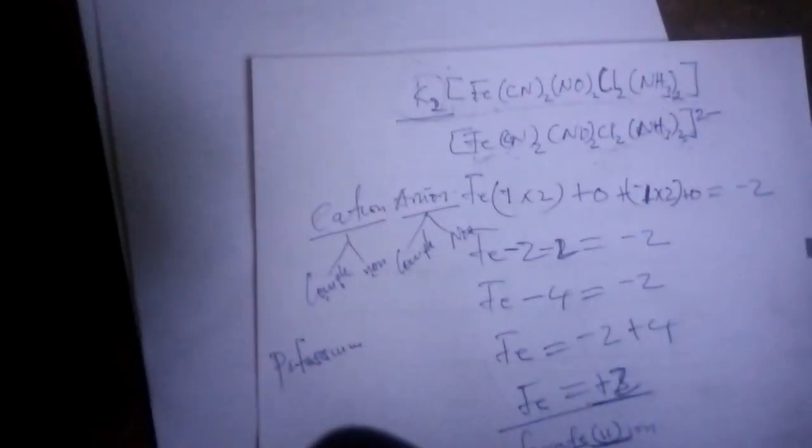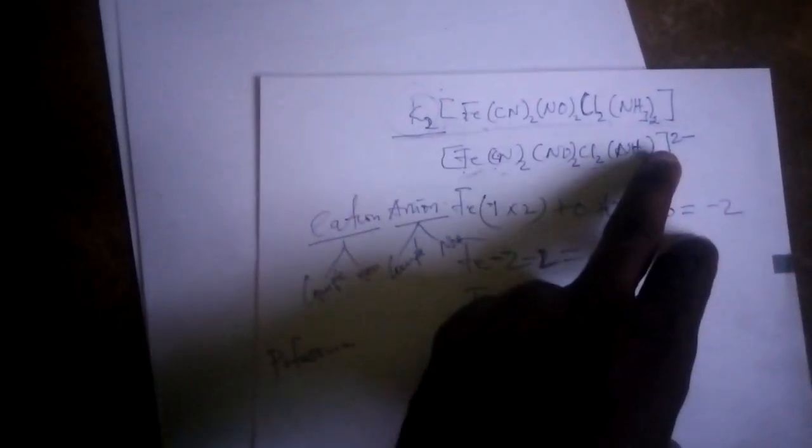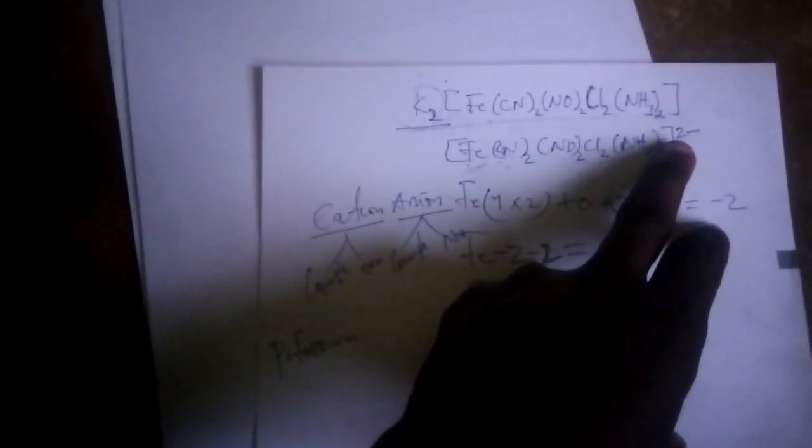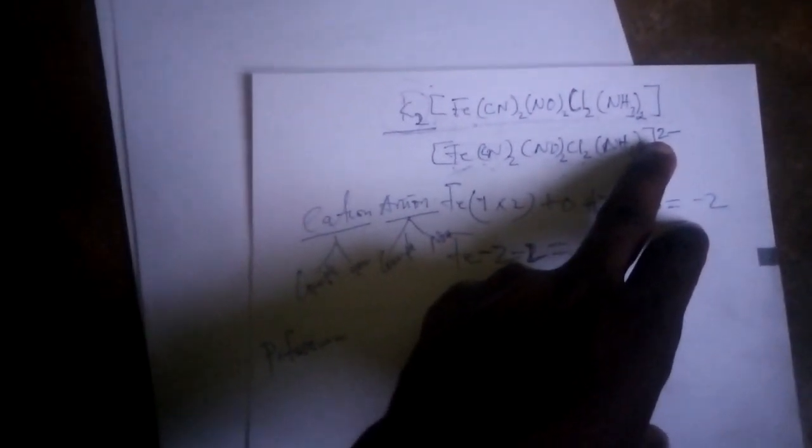So after naming the ligands, we are going to name the central metal. We look at the kind of central metal; there is positive and negative. Complexes which are negative have the negative charge outside, so the name ends with ate. If it's iron, it becomes ferrate.